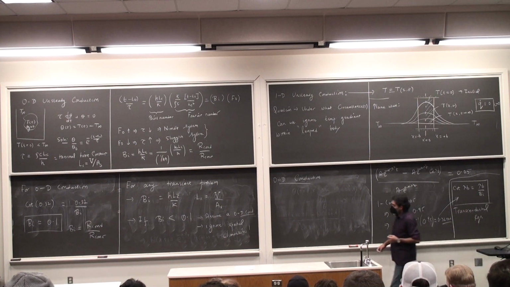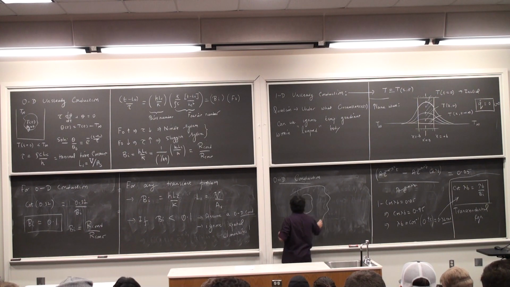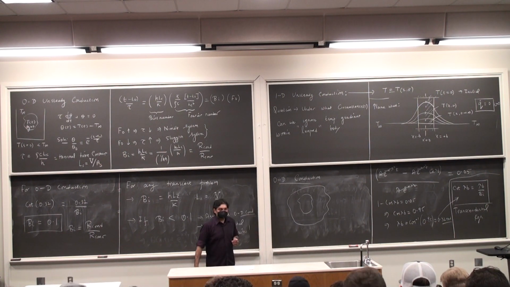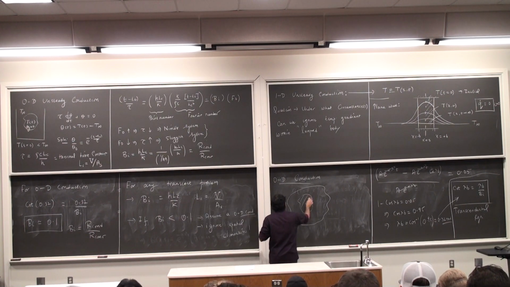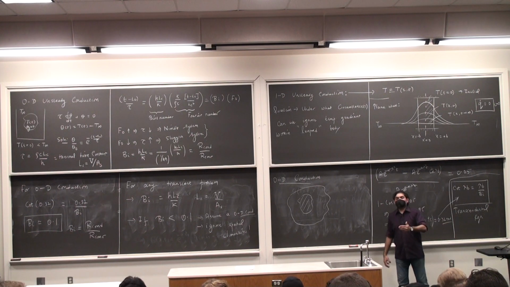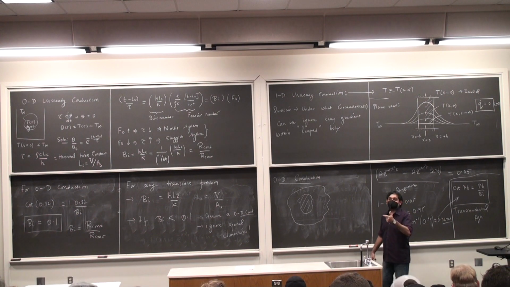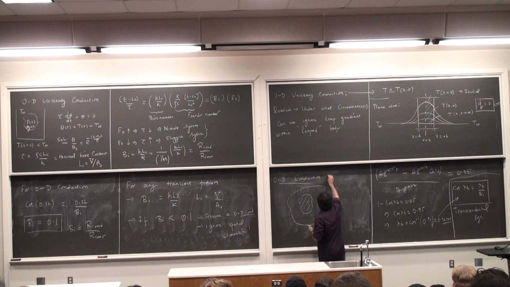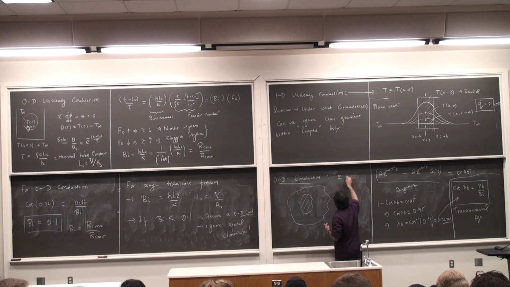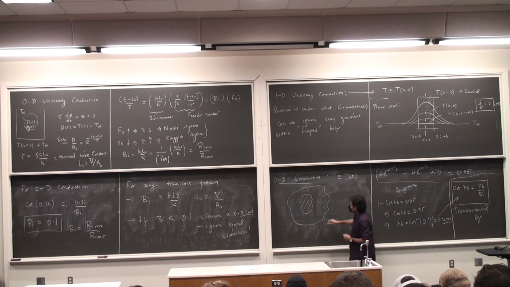Alright, so I'm going to start off here by saying this is a lump, which is now a function of time only. So when I say zero-dimensional conduction, it means that it's unsteady first of all, and it's a function of time only. Okay, so here T is a function of time, so I have T as a function of time inside.